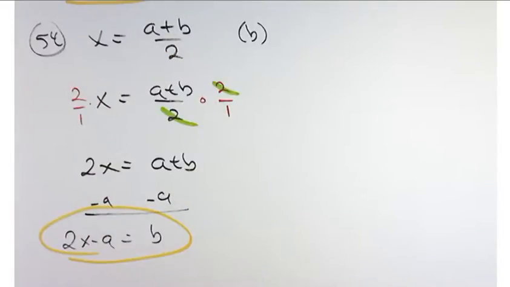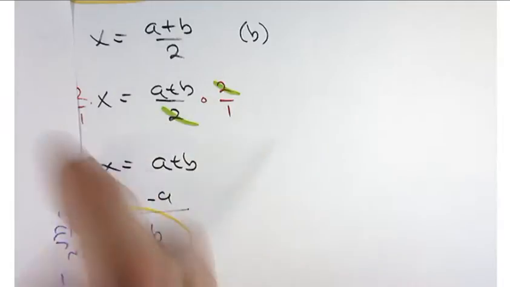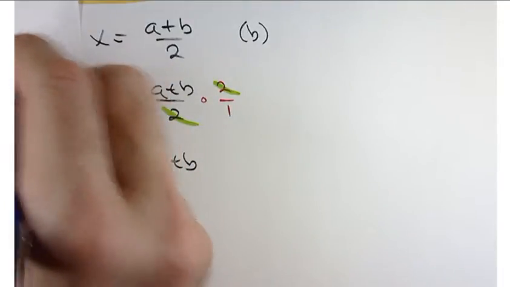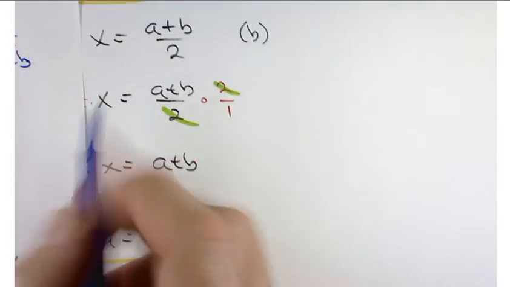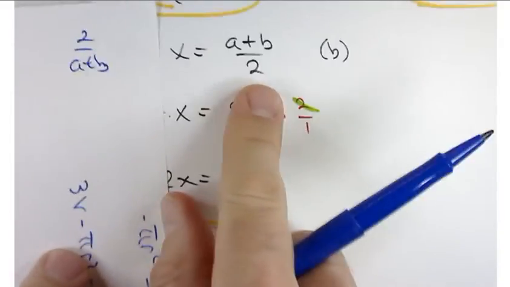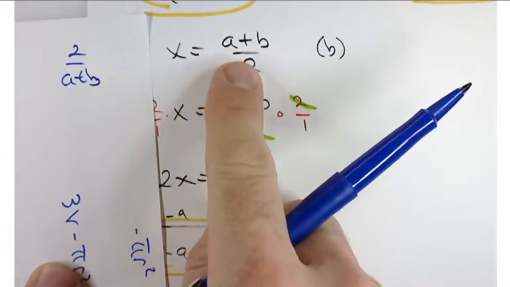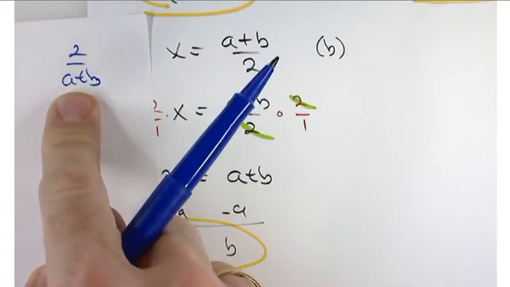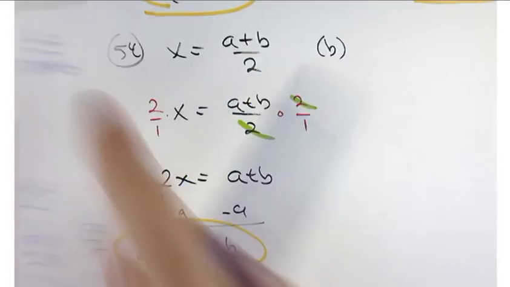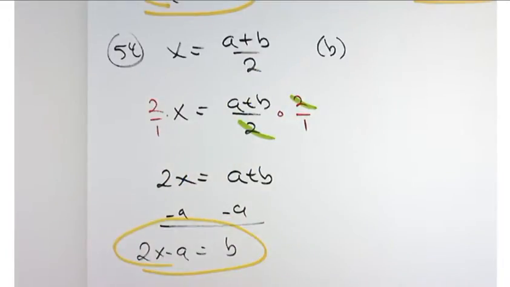If we did, that would make the left-hand side a real big mess, because the reciprocal here would be 2 over a plus b. Now I'd just be moving the b term to the other side, and even worse, it's in the denominator now.